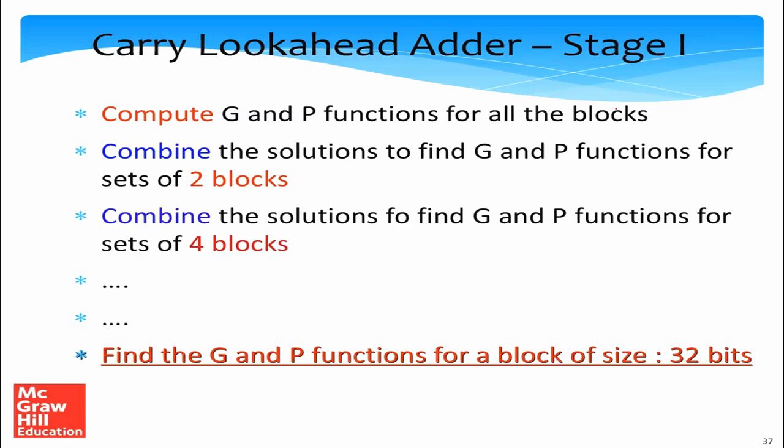Let me explain this. If we have A and B, and A contains 32 bits, B contains 32 bits, let's consider each bit pair. Initially we compute the generate and propagate functions for each bit pair. Then we create a multi-bit system where we compute it for 2 bit pairs.